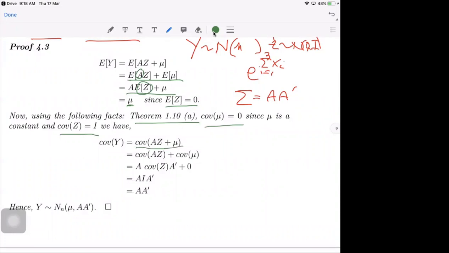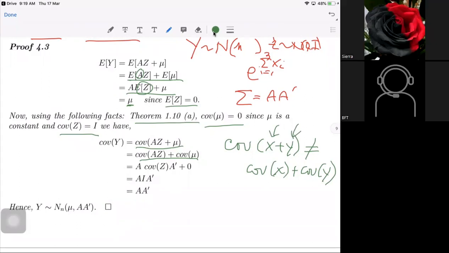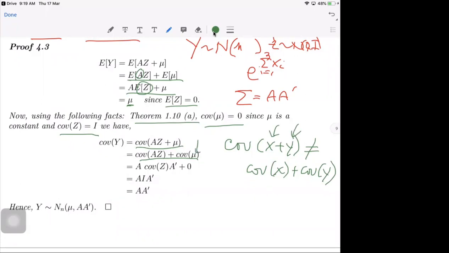So in general, you cannot do this as long as you are not assured that the covariance of X plus Y is not necessarily equal to the covariance of X plus the covariance of Y. The assumption on X and Y to write equality is when they are independent, no? Now in here, since mu is just a constant, then you can do this, no?